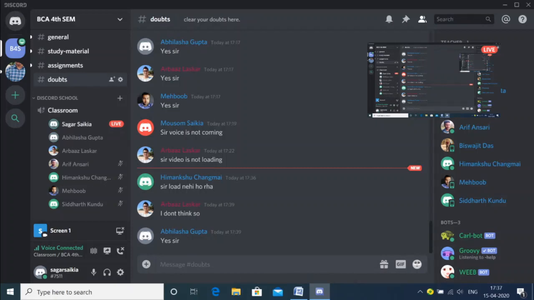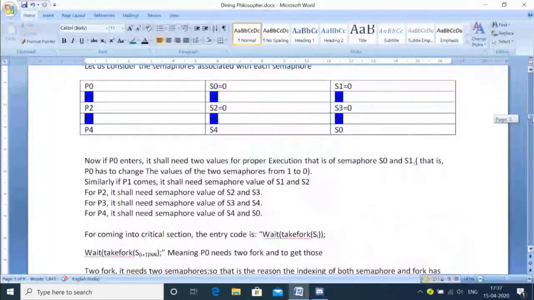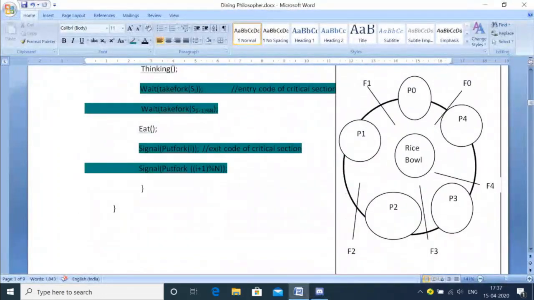But in the case of P0 and P2, if you see the diagram, what are the forks that P0 needs? F1 and F0. P2 needs F2 and F3. So they are not cooperating processes, they are independent processes.